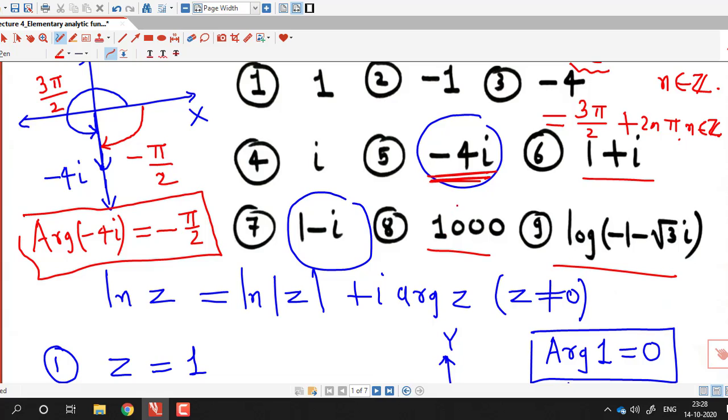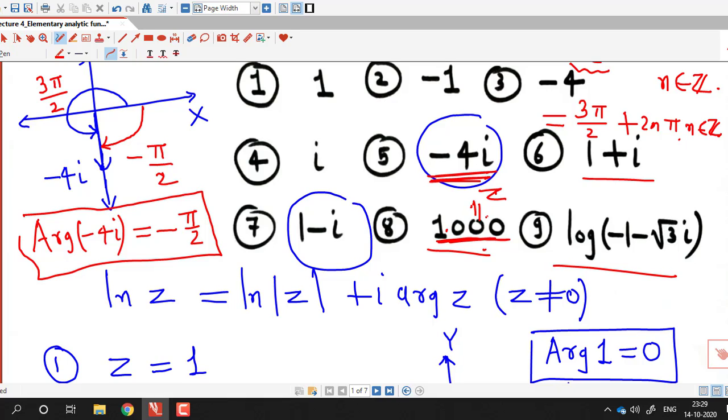Here in number 8, the complex number is z equal to 1000. So that means z is a positive real number and it will be on the positive x-axis. So the argument is going to be 0 and the absolute value is 1000 itself.